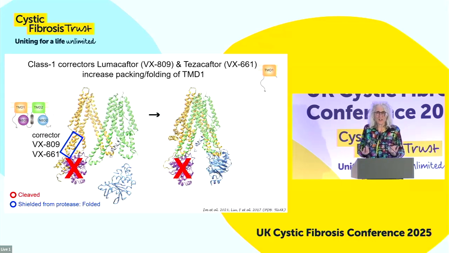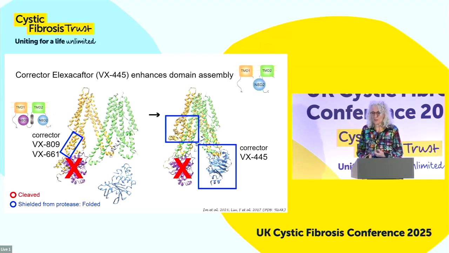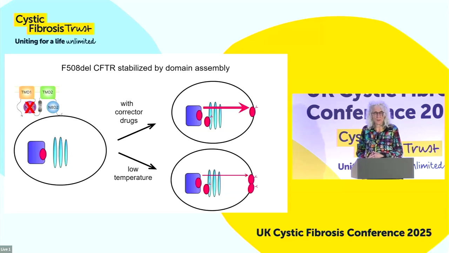But we all know the class 1 correctors on their own are not that impressive, so they need another one. And the other one is then, for instance, elexacaftor, which rescues domain assembly. So we see precisely what we see during domain assembly of the wild-type protein. So domain assembly is what's being rescued, not NBD1.